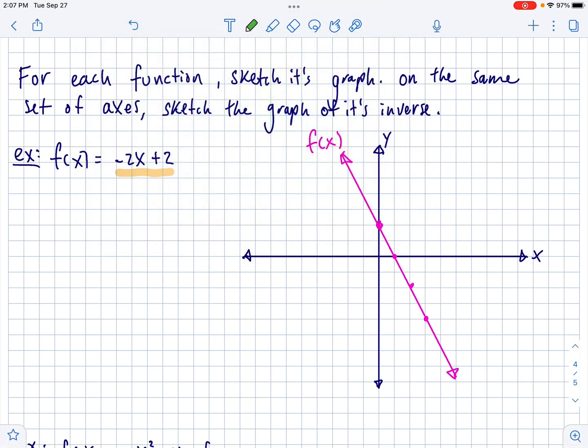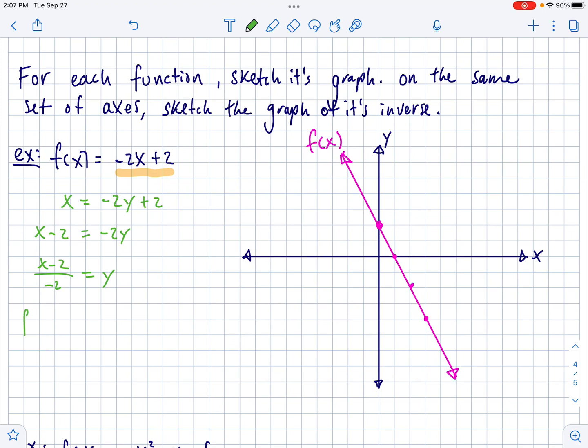Now let's go ahead and find its inverse. So you switch your x and your y, and you get x equals negative 2y plus 2. Subtract 2 from both sides. Divide by negative 2. And then I actually am going to split this up into y equals mx plus b form.